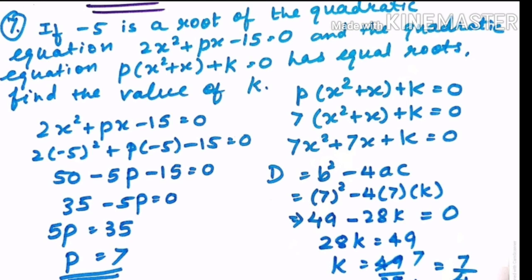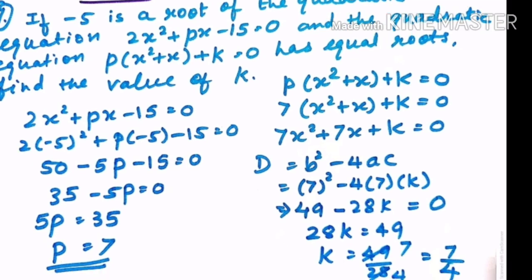Now after getting this p value, I take my second polynomial px square plus x plus k is equal to 0 and place that p value in this equation. I get 7x square plus x plus k is equal to 0. Now find our discriminant and place the values.